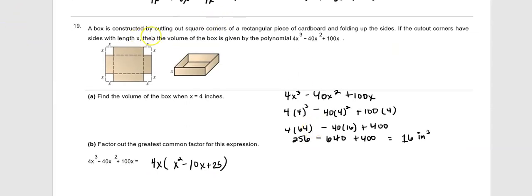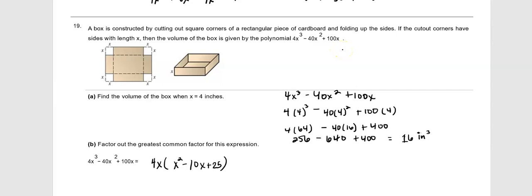A box is constructed by cutting out square corners of a rectangular piece of cardboard and folding up the sides. If the cutout corners have sides with a length x, then the volume of the box is given by the polynomial 4x to the third minus 40x squared plus 100x.